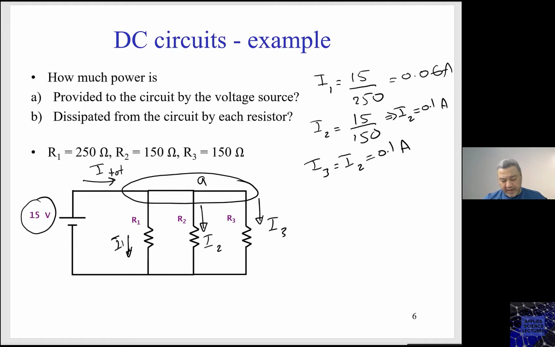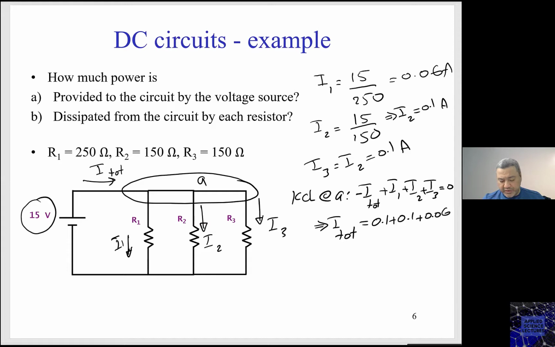So now if I apply KCL at A, what do I have? I have I tot entering, so this is minus I tot. I have all the other three leaving, so plus I1, plus I2, plus I3 equals to 0, which means I tot is the summation of those currents, and this is going to be 0.1 plus 0.1 plus 0.06.